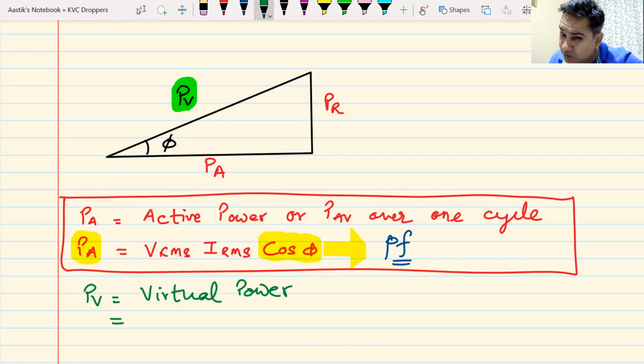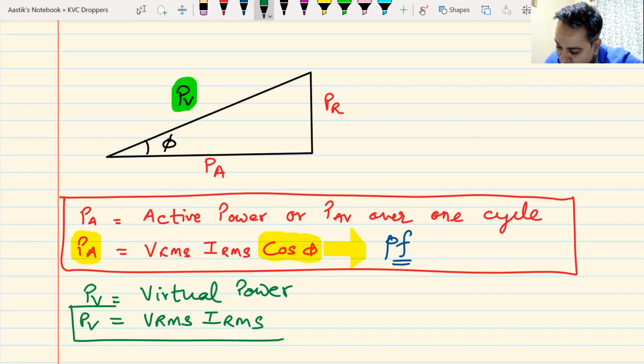And how do I get the value of this virtual power? This is simply equal to VRMS multiplied by IRMS. You can see that the cos phi factor is completely missing. Cos phi determines how much power has been used, and that is known as the power factor.